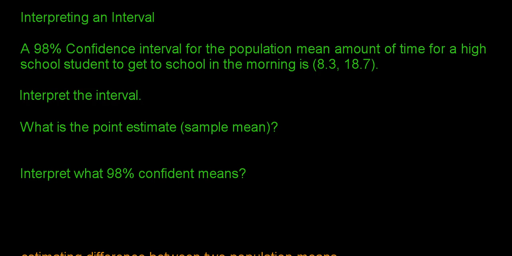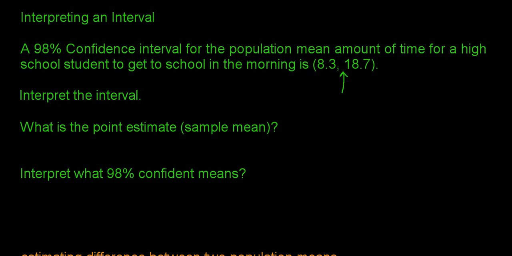All right, what is my point estimate? That's oftentimes a multiple choice question, maybe even an FRQ. If you have the interval, what was the sample mean? Well, remember how an interval is created. You take your sample mean and you go up and down by the margin of error. That should put the sample mean smack dab in the middle.